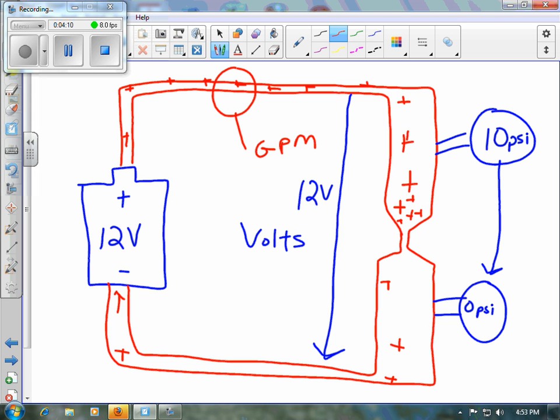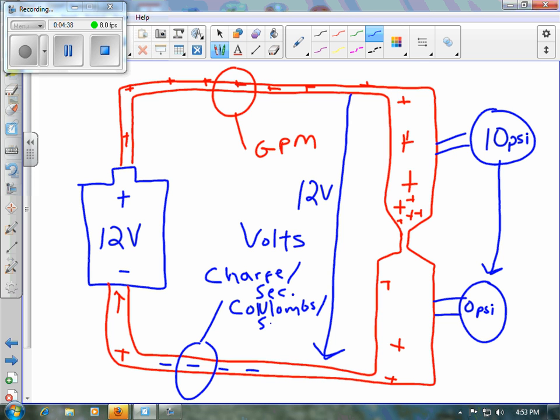Yeah. So if we actually had an electron counter, and again, here's our electron counter, and it counts the units of charge, which are called coulombs. I'll just write it like this: charge per second, and again in physics it's coulombs per second, and this is directly proportional to the number of electrons per second.